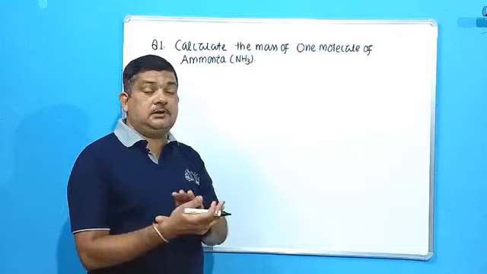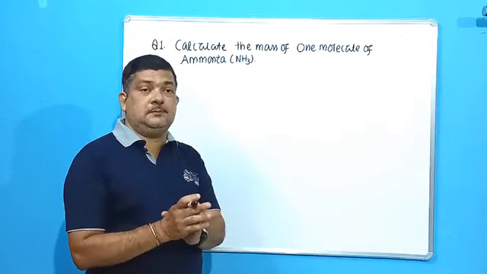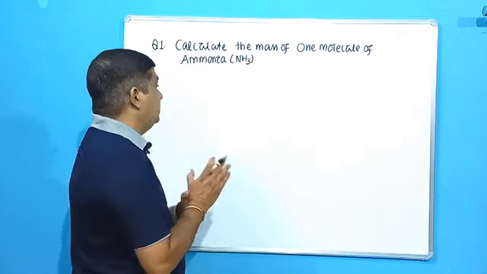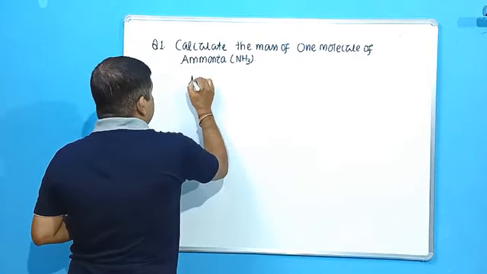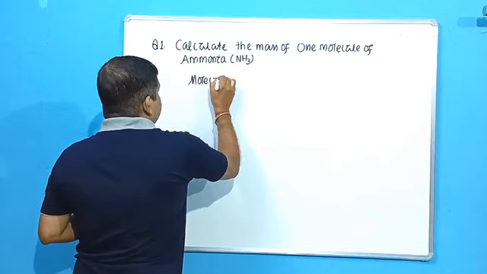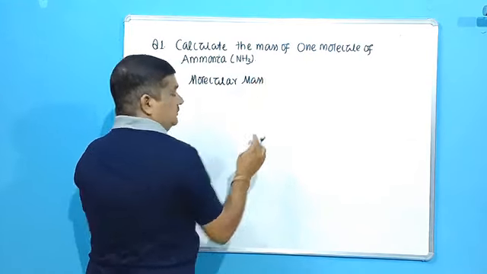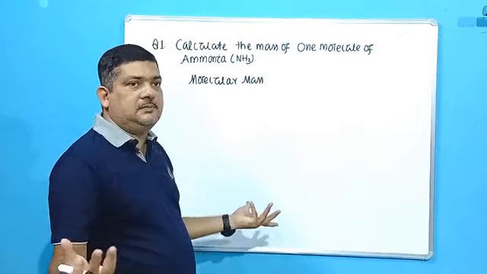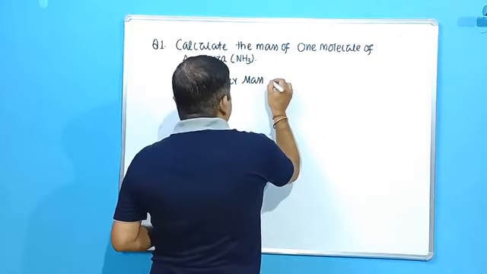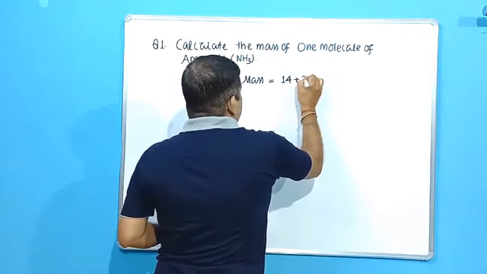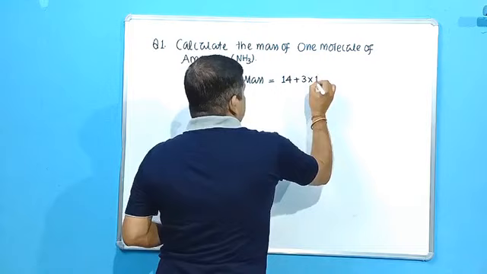So what is the first step I have told you? Always, step one is to calculate the molar mass or gram molecular mass. So first we calculate molecular mass and add a gram, and that will become molar mass. Nitrogen is 14 plus hydrogen has 3 atoms into atomic mass 1.